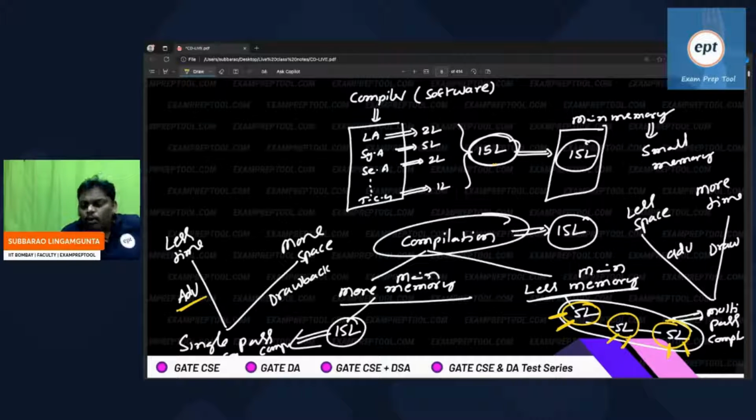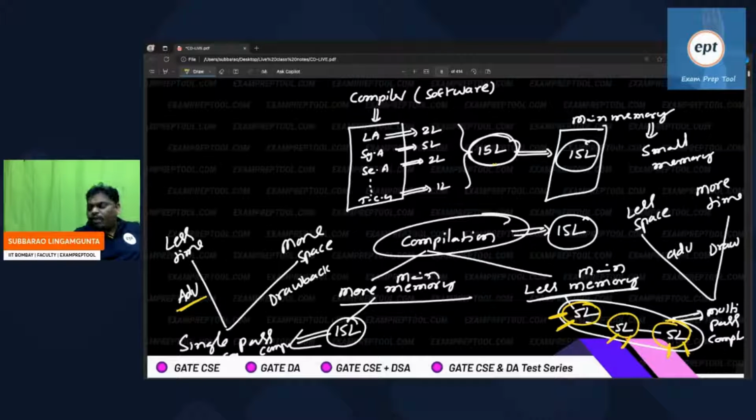Operating system is a program. Whenever your system is on, the operating system is running. It is a software, so it should be there in the main memory. When you switch on the system, automatically the OS will go inside main memory.